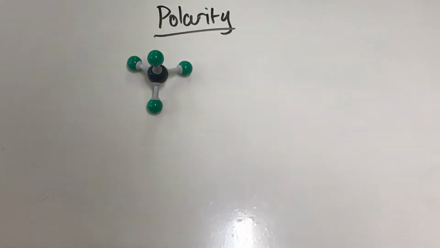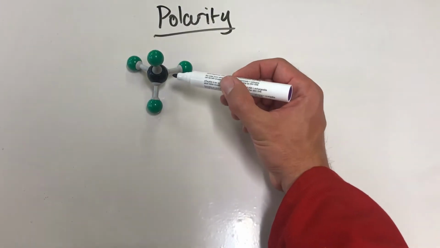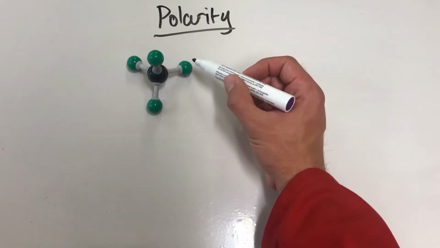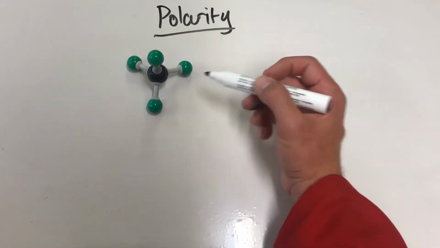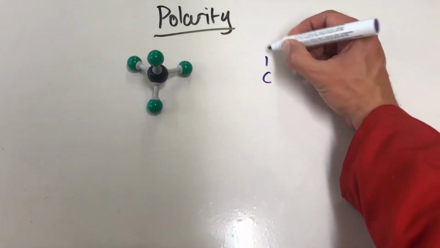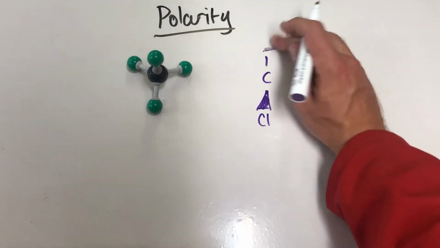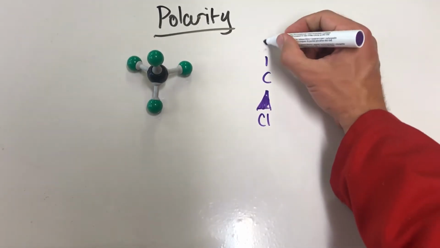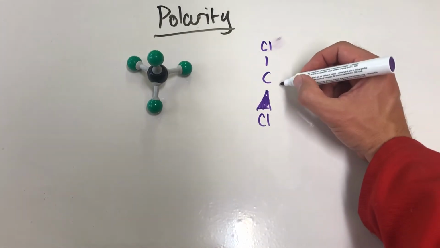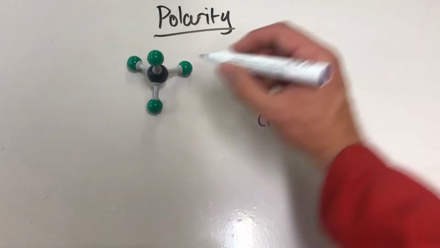So our next example is tetrachloromethane. So we've got a slightly different situation here, where we've got all four atoms bonded to the carbon. They are all chlorines. They're all more electronegative than the carbon, so they'll all draw electrons towards themselves. If we draw this particular structure here, we've got the chlorine going up, that's this one here.